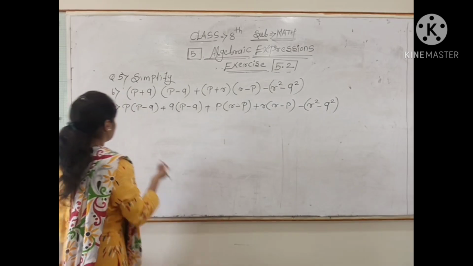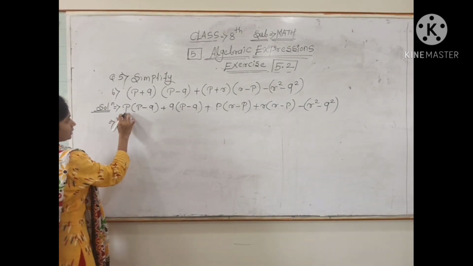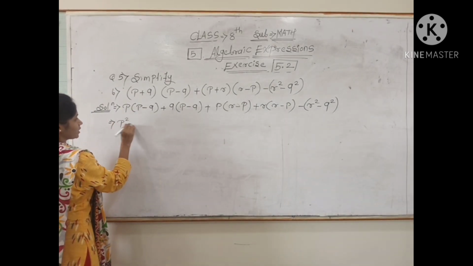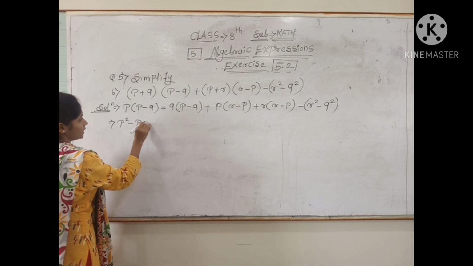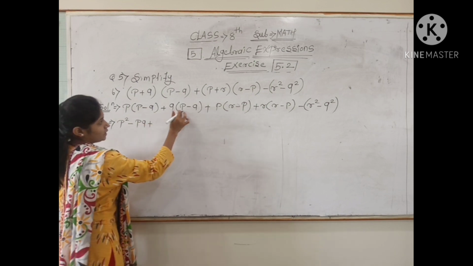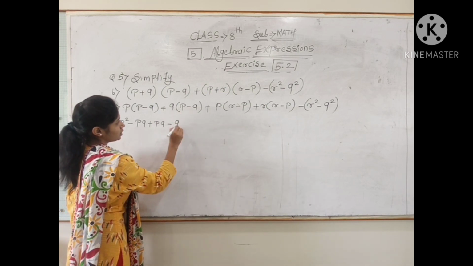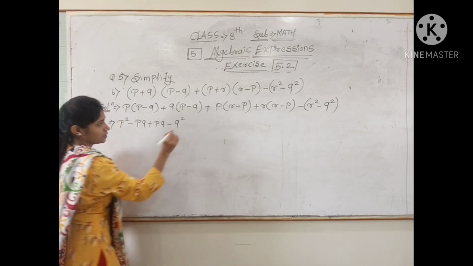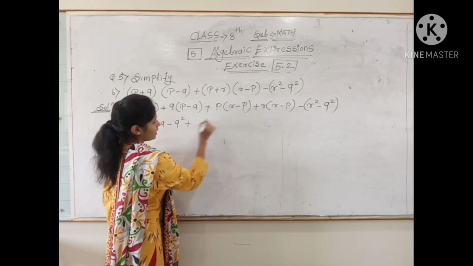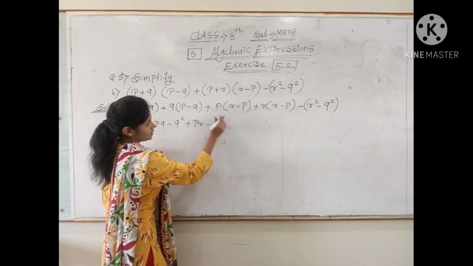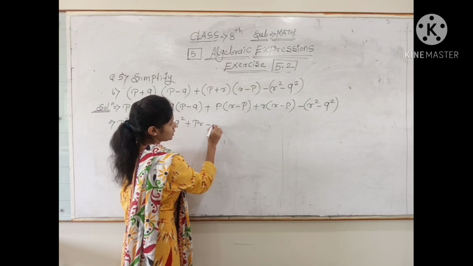Then multiply. P multiplied by P is P square, minus P multiplied by Q is PQ, plus Q multiplied by P is PQ, minus Q multiplied by Q is Q square. Plus P multiplied by R is PR, minus, again minus P multiplied by P is what?